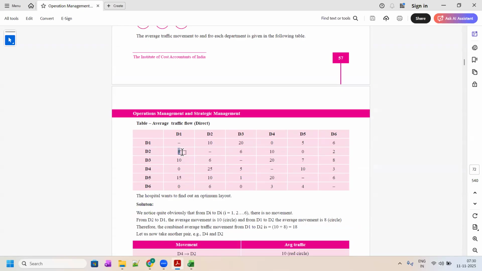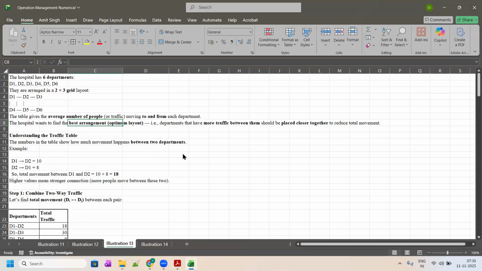So to understand the traffic table, with the grid matrix and the Manhattan distance formula, we can calculate the distance from one department to the other department, but we need to multiply the distance with some value so that we can get the cost.